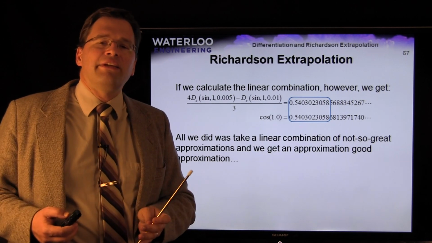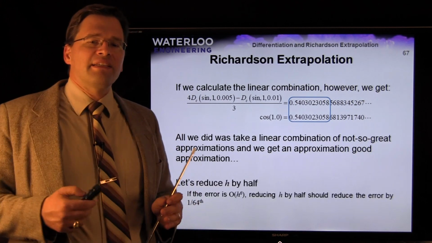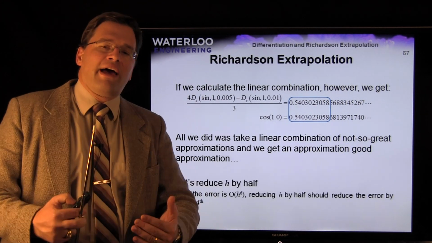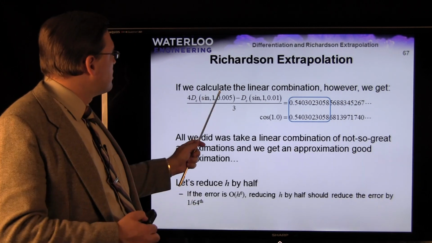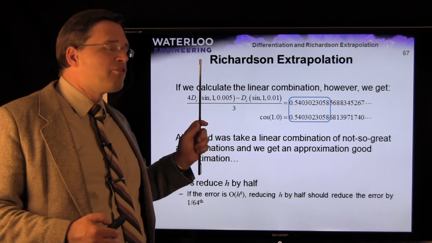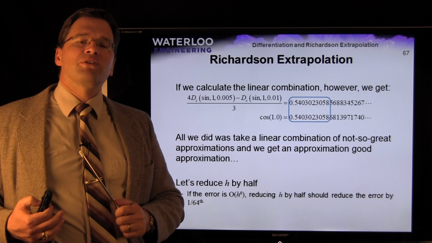And all we did was take a linear combination. That's it. That is how it works. What's really cool is if now we divide h by half, and so use h equal to 0.05 here, and h equal to 0.025 there, then we would reduce the error now by a factor of 1 over 64.